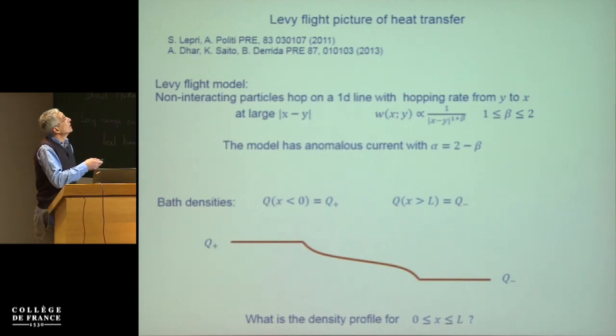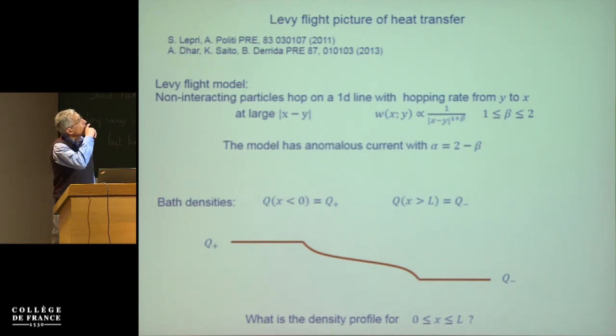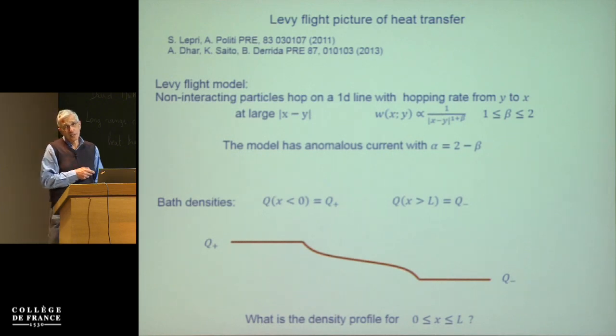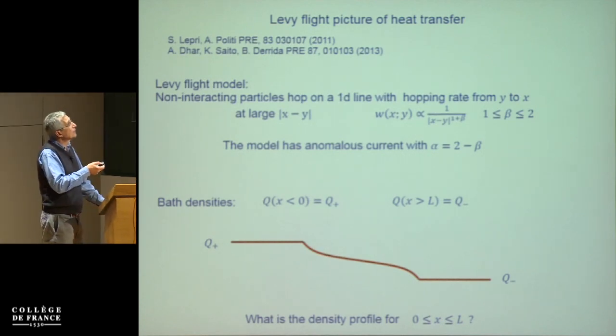Now, a few years ago, a group of people, including Lepri, Politi at some point, and then Dhar, Saito, and Derrida, looked at a Levy-Flight picture of the heat transport in these systems. And it's a very simple model, which says the following.